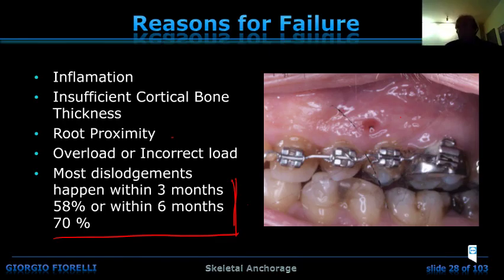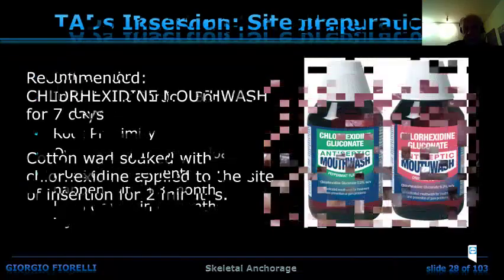So if you don't have enough cortical bone, after 1, 2, 3 months, your TAD is gone. And this in some way is also good, because you understand the problem and there's no inflammation, and the TAD just comes away. I mean, okay, you say, well, I really have very little bone there, so it's not your fault, but it happens. So most of the losses, the dislodgements here, are happening in the very first period.